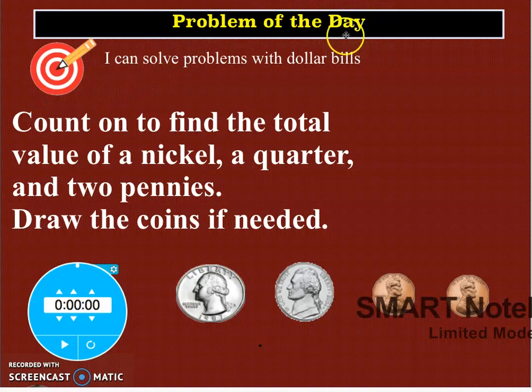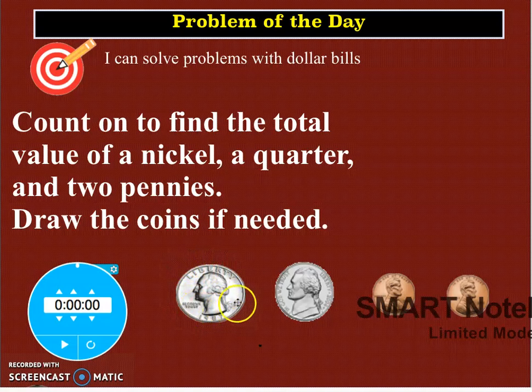The problem of the day says, count on to find the total value of a nickel, a quarter, and 2 pennies. Draw the coins if needed. So remember, when we first started our lesson, we had our vocabulary words, and one of our vocabulary words was coins. These are coins.